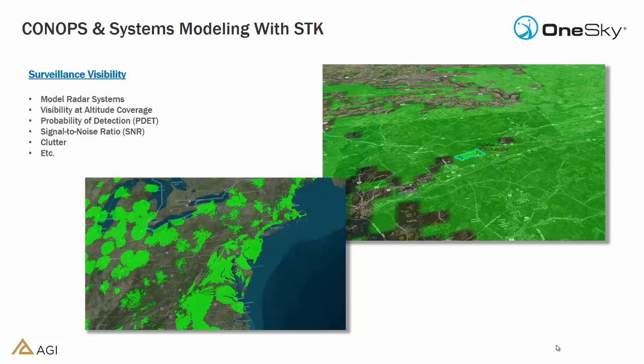So we can model very broad area radar systems and look at things like the probability of detection and signal to noise ratio given the local terrain, and maybe you're interested in 400 feet above ground level, and you want to model local clutter, and we can really start to get deep into the details of modeling these types of radar analysis. But just understanding, simply, would you have the ability to be seen and tracked by a known radar location?